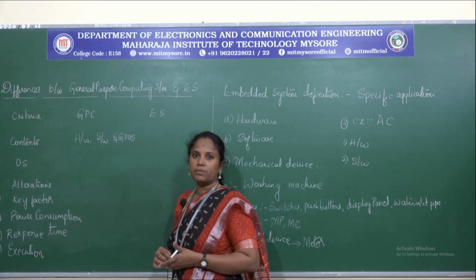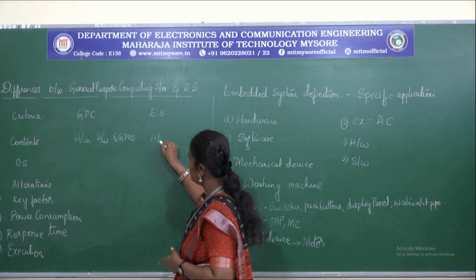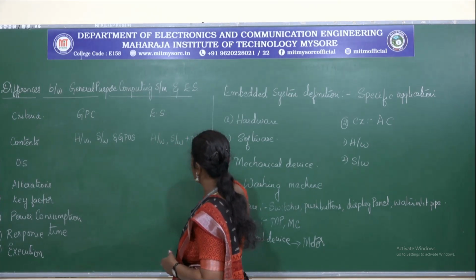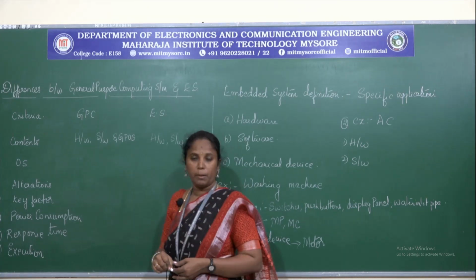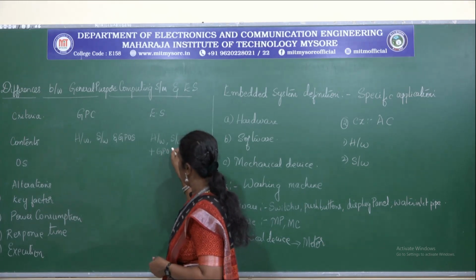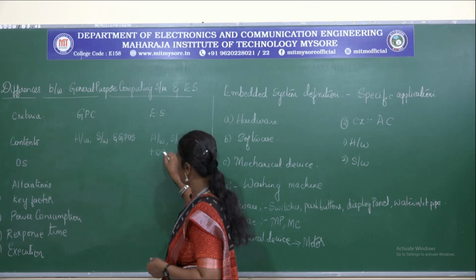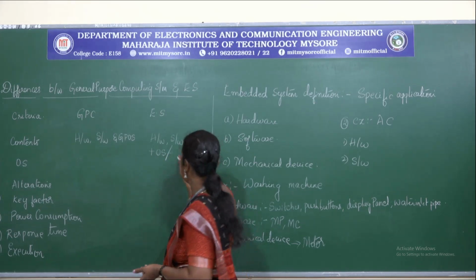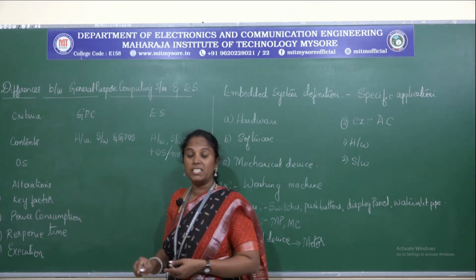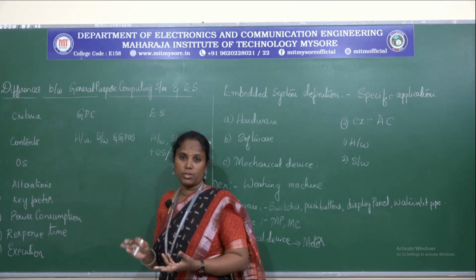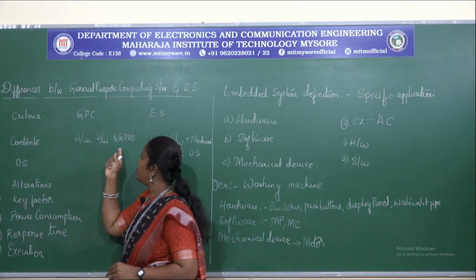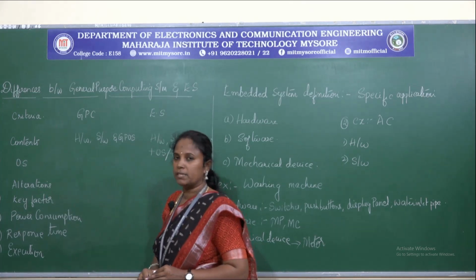Then coming to an embedded system, it consists of hardware, software plus a mechanical component, plus an operating system, or in some cases it might not have an operating system. It is not mandatory that your embedded system should consist of an operating system. But in every general purpose computing system, you will have a general purpose operating system.